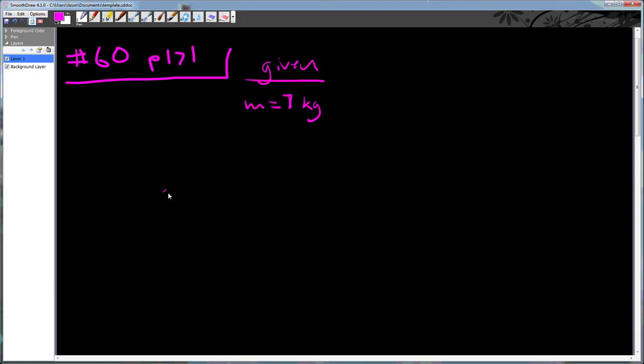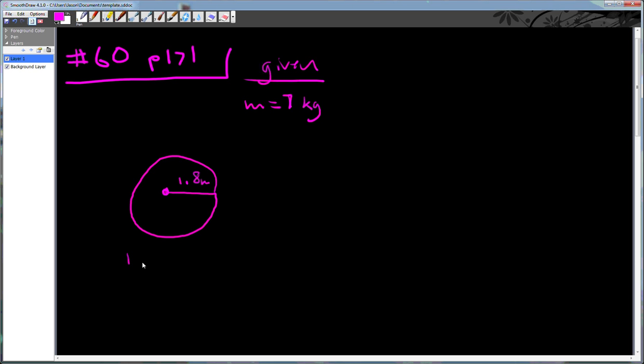So we got our athlete, we have a radius of 1.8 meters, and we got a really ugly circle with a radius of 1.8 meters, and the hammer makes 1 revolution in 1 second.